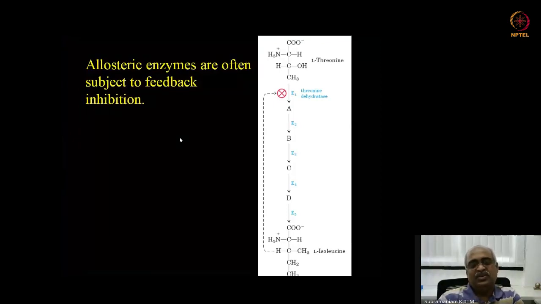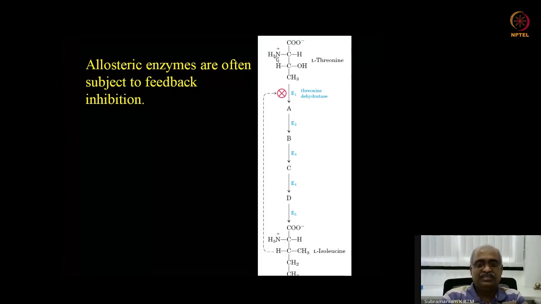So you're wondering why, for example in this case, threonine would stimulate its own conversion to isoleucine, right? This negative feedback you readily understood. That is, if I have a lot of isoleucine, then I don't need to do this. So negative feedback I understand.